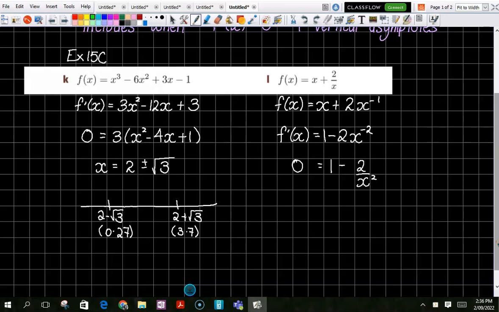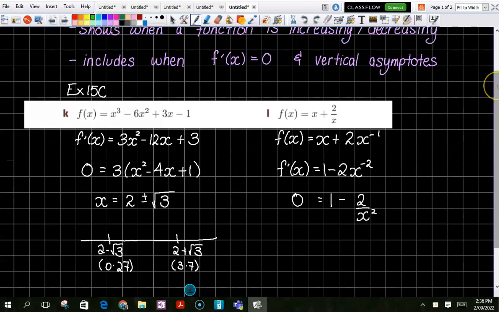So with K, are we happy? My derivative is correct, but you check it, because I could go amok at any time. X cubed, 3x squared, yep. To get our sign diagram, we put any values that make the derivative equal to 0. So when is the derivative equal to 0?